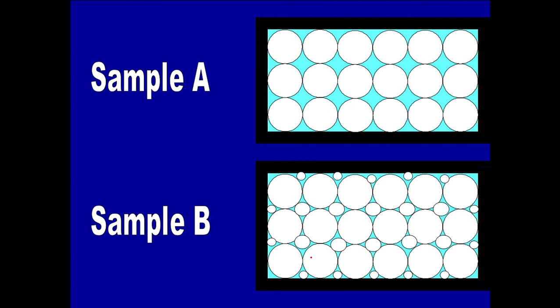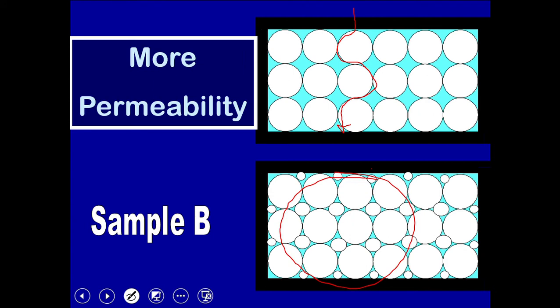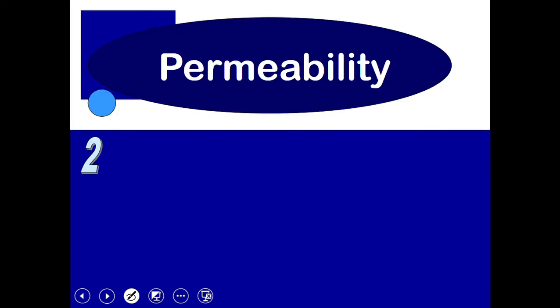The water will basically be able to just kind of weave in and out like that, and it will move through faster than it would move through down here where there are mixed and unsorted particles and the porosity is lower. So when the porosity is greater, typically the permeability is also greater.